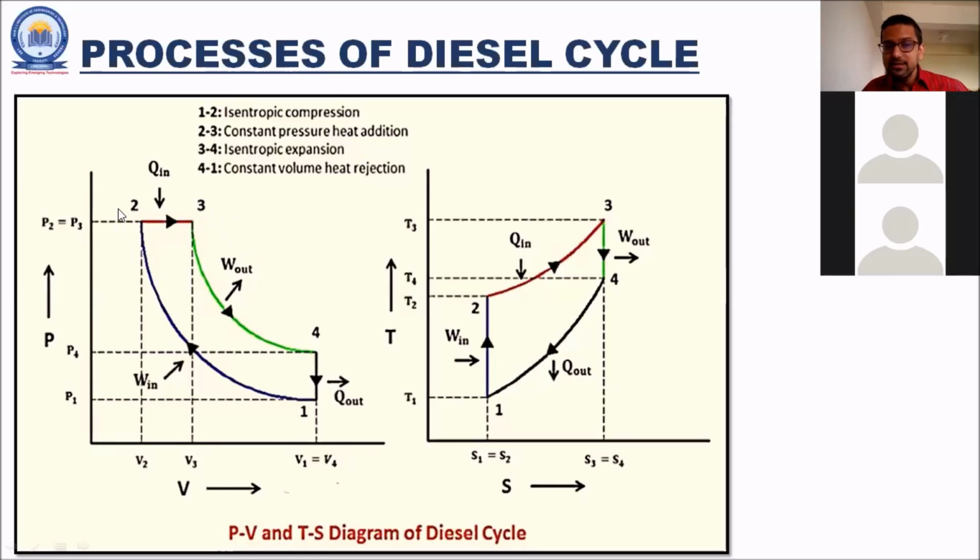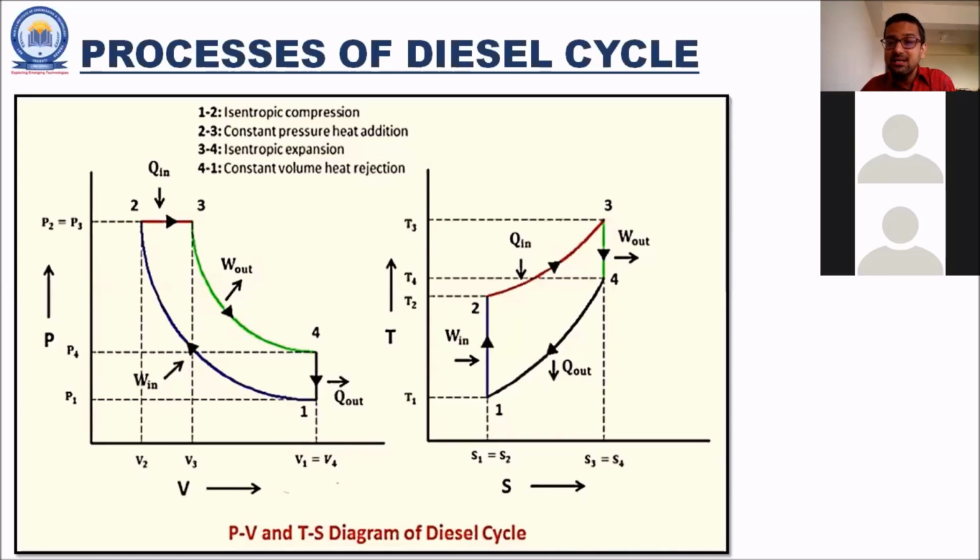In the Otto cycle, we have understood the process 2 to 3, heat addition is taking place at constant volume conditions, but in the diesel cycle, this heat addition will be taking place at constant pressure conditions. Rest all other things remain similar as the Otto cycle. The processes are similar, the working will be similar, all other concepts will be similar.